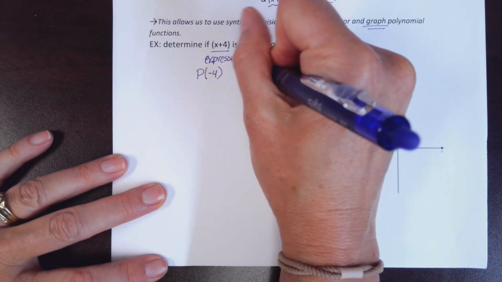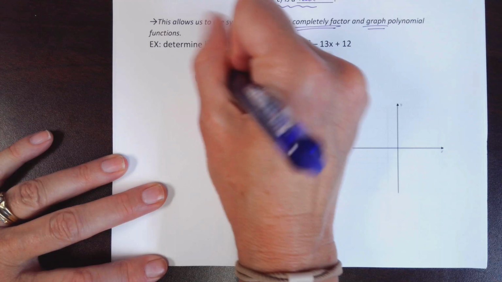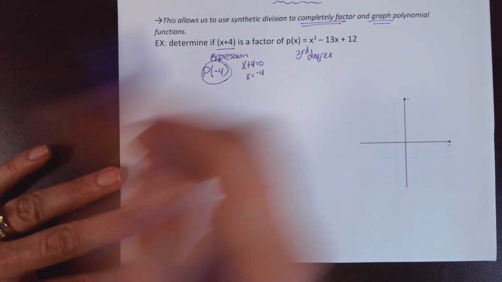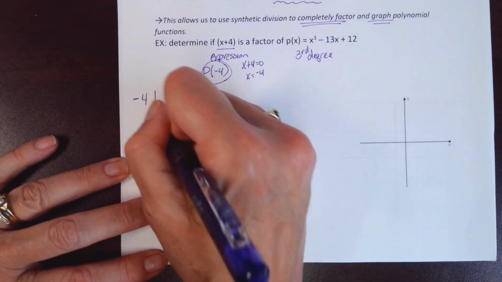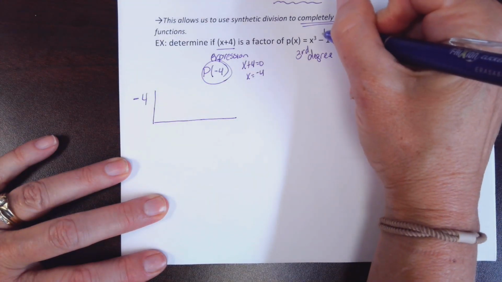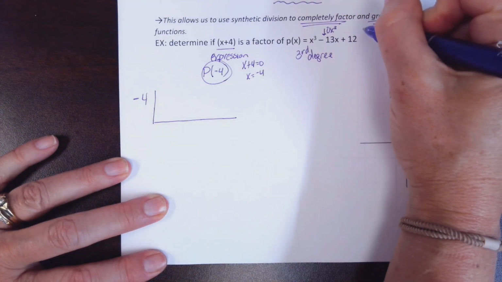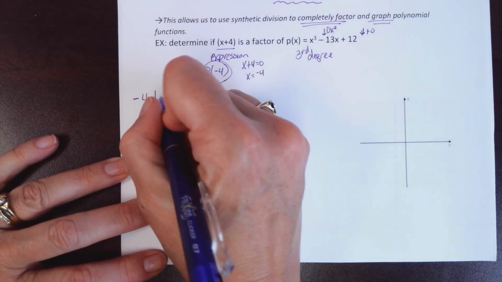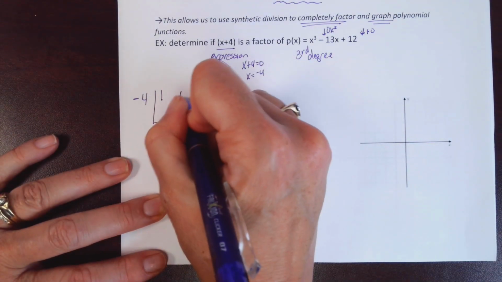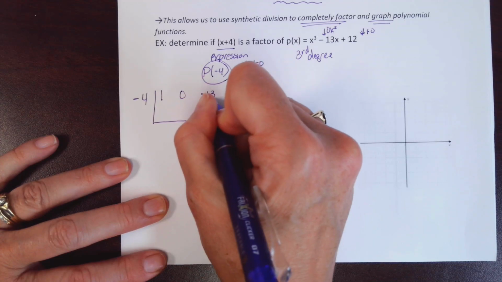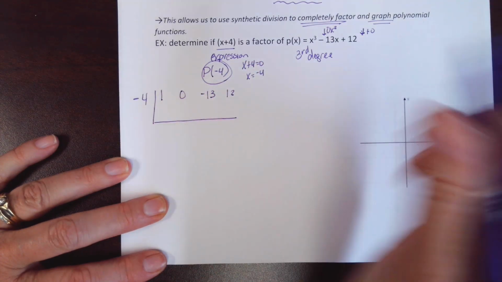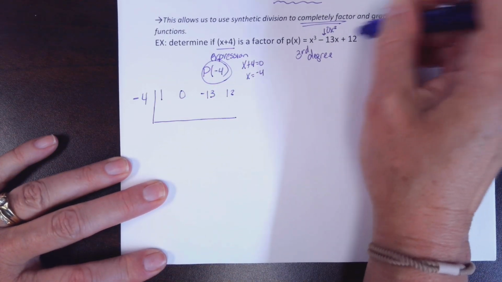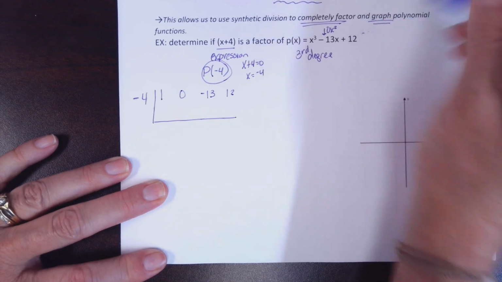X plus 4 equals 0, so x is negative 4, and that's what I'm going to divide by with synthetic division. So I'm going to divide by negative 4. Remember your placeholders, 0x squared, and then a 0 at the end. So I've got 1x cubed, 0x squared, negative 13x, 12. Oh, I don't have a placeholder at the end. Sorry, that's a constant.